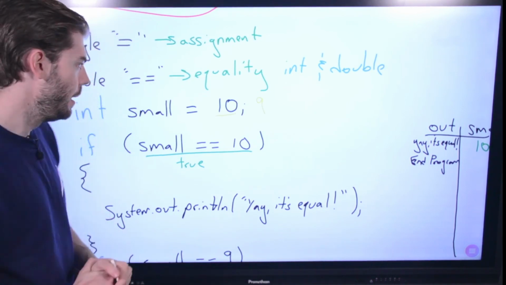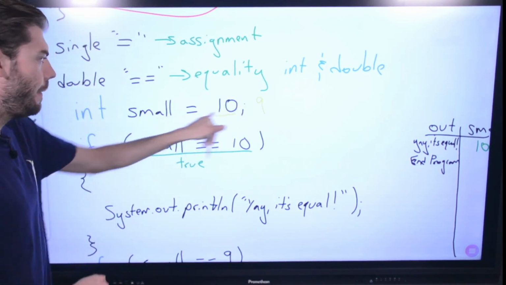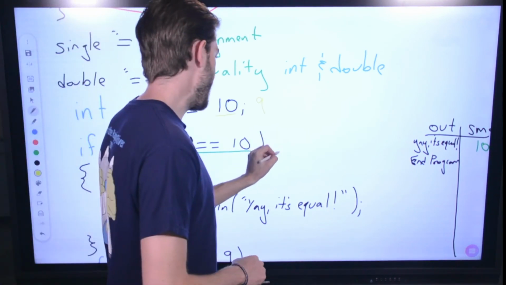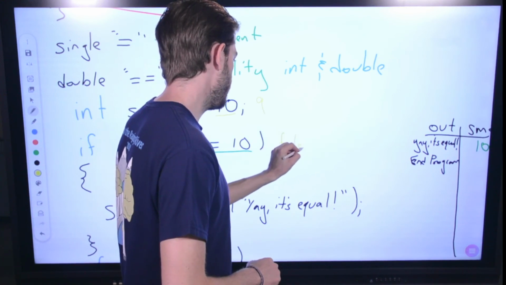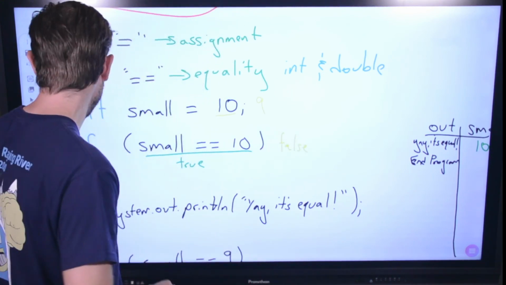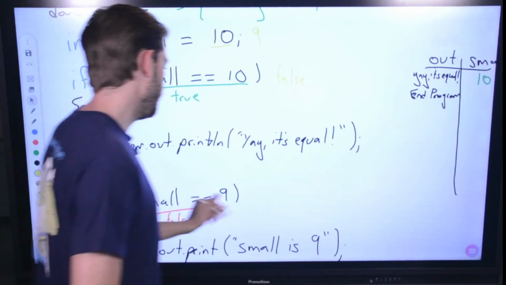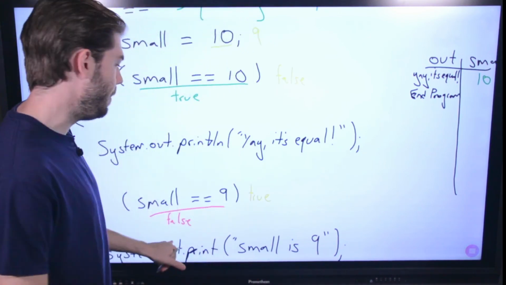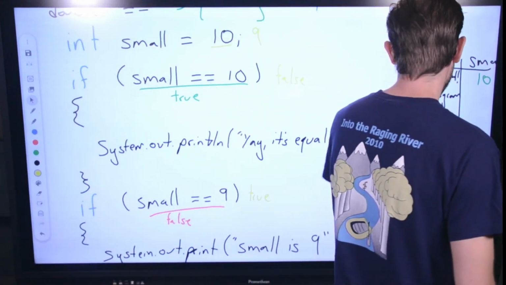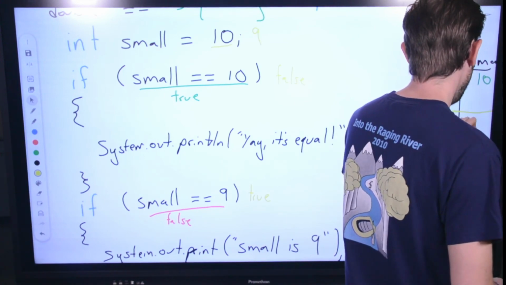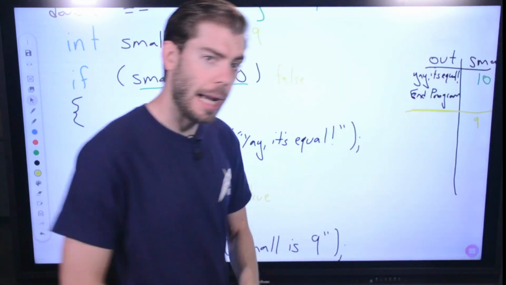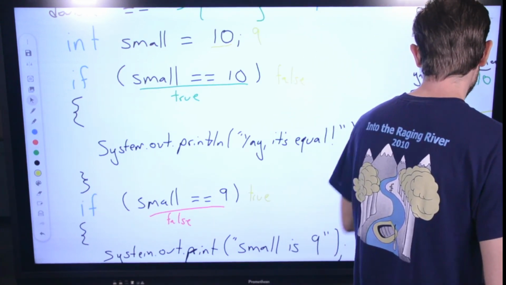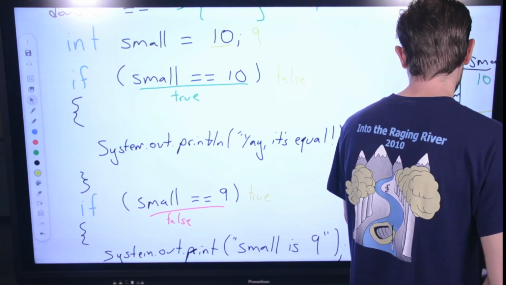Well, if I changed the value of small to be 9, then our first if statement would evaluate to be false, and our second if statement would evaluate to be true. So our output would then be "small is 9" and "end program."